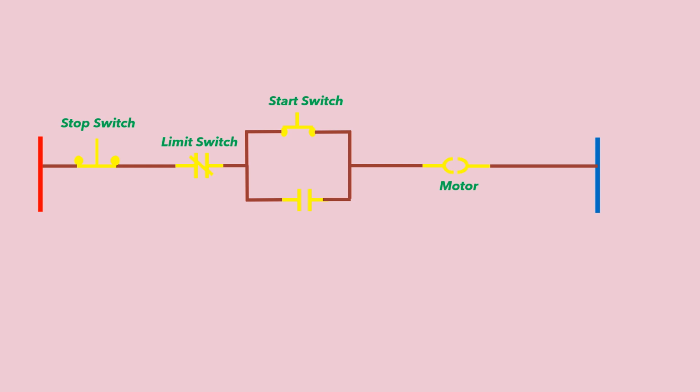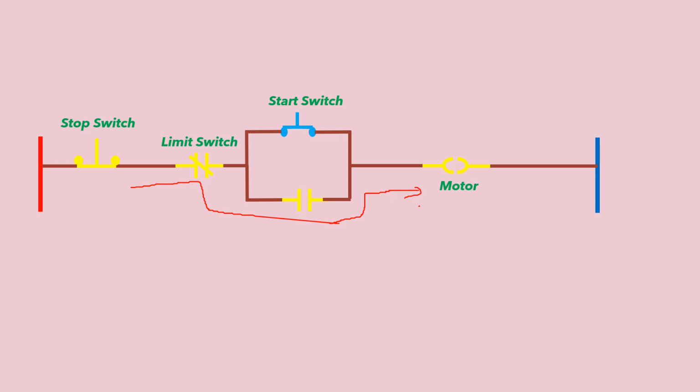Current passes through both paths, and when we remove the force on the push switch, we only need to push the switch once. So when we remove it, the current will continue through this path, and the motor will keep running.